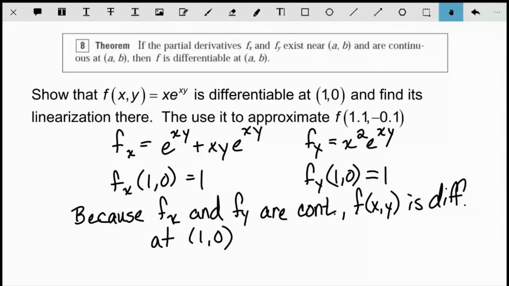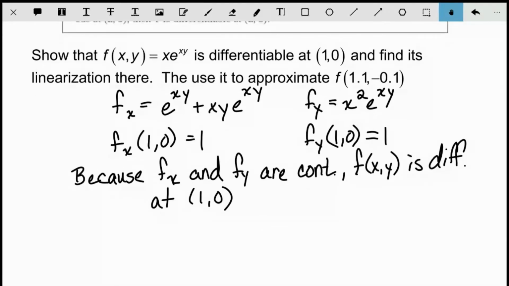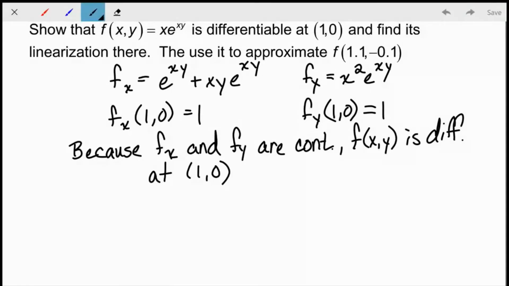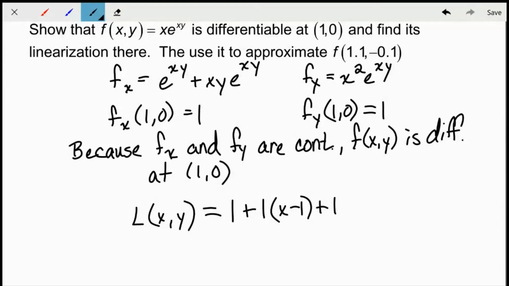Okay, so now it said use this to approximate f of (1.1, -0.1) using our linearization. So for our linearization, I would need to know what's the function value when I plug in the point (1, 0). And when I plug in (1, 0), you can see you get a function value of 1. So if you think about your z minus z naught, it would have been z minus 1, so we're going to add that 1 to the other side. So we get 1 plus my x partial times (x minus 1) plus 1 times y. Okay, so there's my linearization.